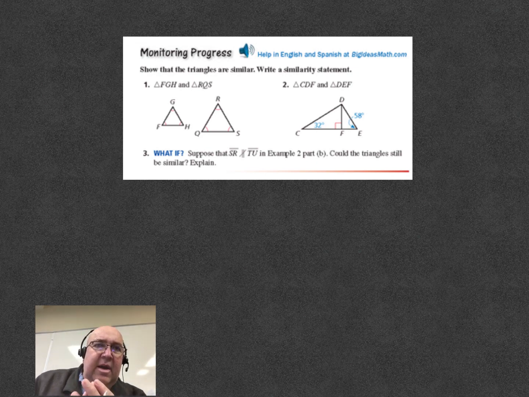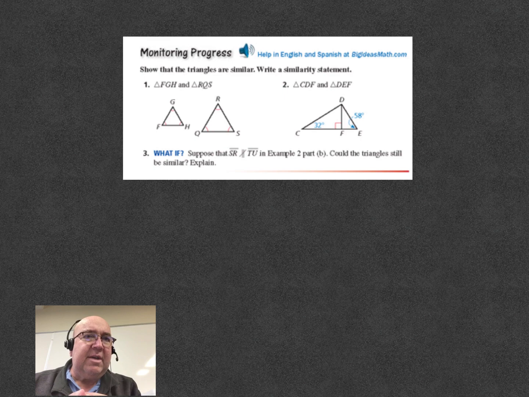Alright, so we want to show that the two triangles are similar. So the first thing is we have all three angles are similar in triangles in section 1. If all three angles are similar, that means the sides will be proportional as well.